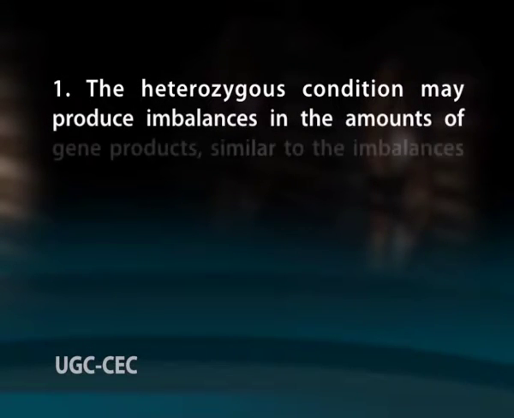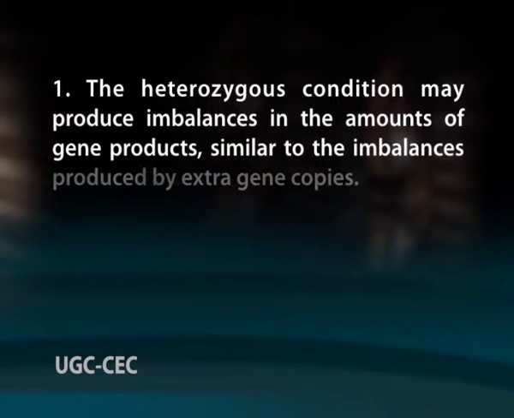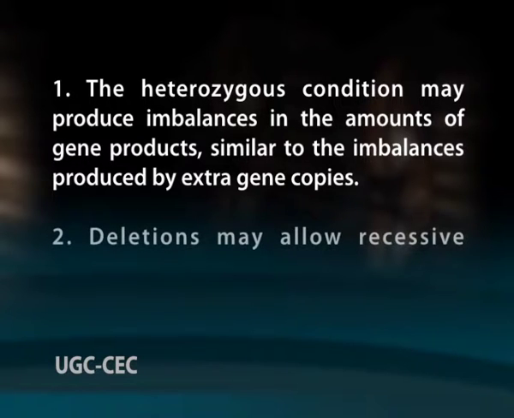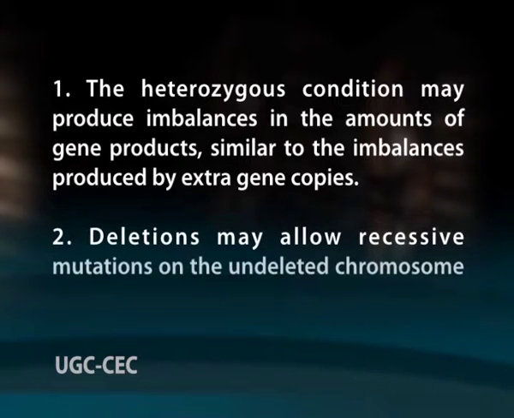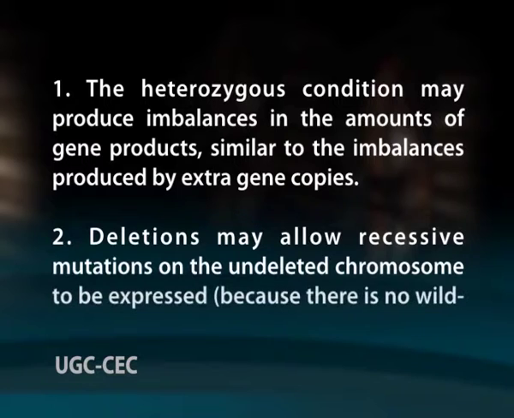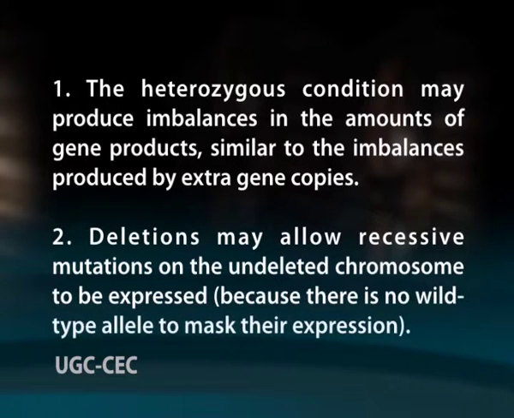First, the heterozygous condition may produce imbalances in the amounts of gene products, similar to the imbalances produced by extra gene copies. Second, deletions allow recessive mutations on the undeleted chromosome to be expressed because there is no wild-type allele to mask their expression.